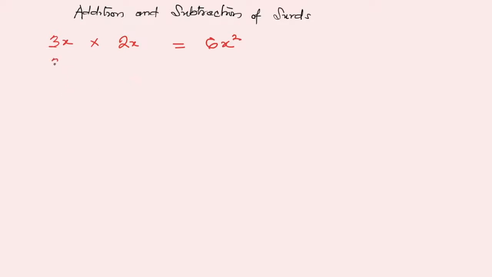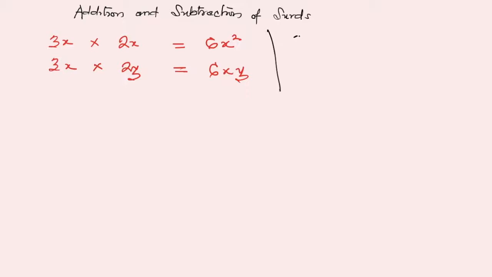If we also have 3x multiplied by 2y, in this case we have 3 multiplied by 2, which is 6, and x multiplied by y, which gives us 6xy. And this is exactly what we do when we're multiplying surds as well.